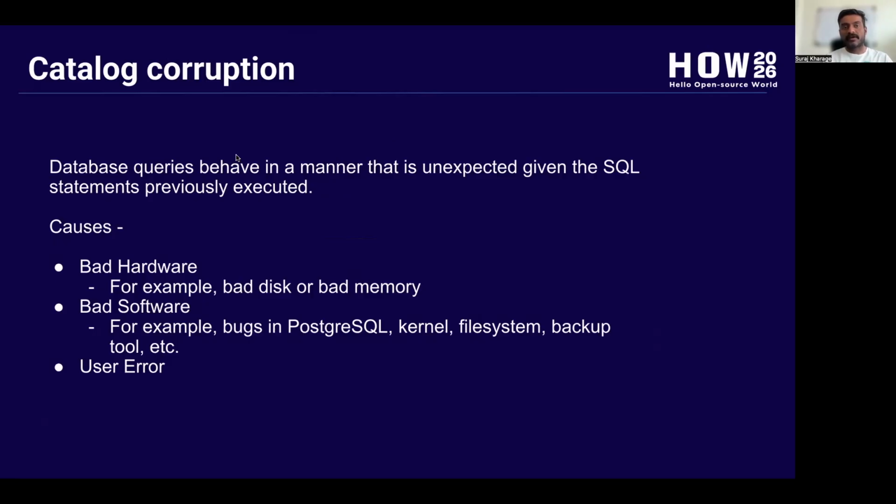Now, corruption is bad, and the database can behave abnormally once corruption occurs, with queries giving unexpected results. There are several causes for these corruptions: bad hardware, bad software, or maybe user errors, where a user might accidentally delete an entry from the catalogs, and that may lead to catalog corruption.